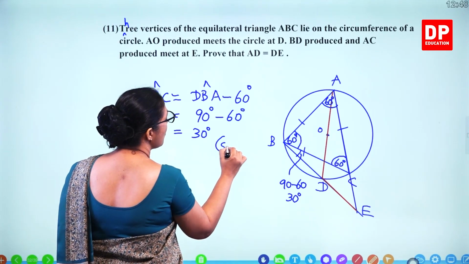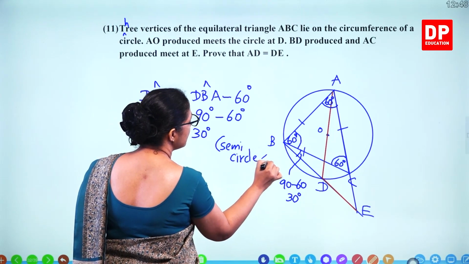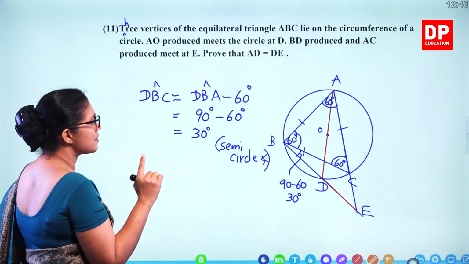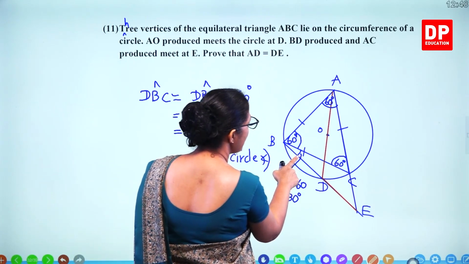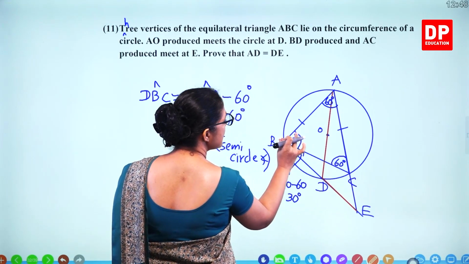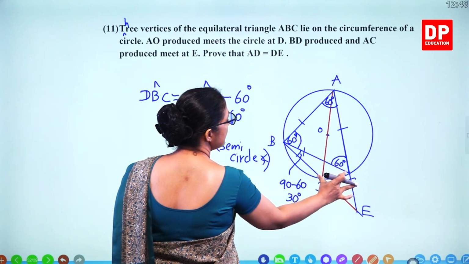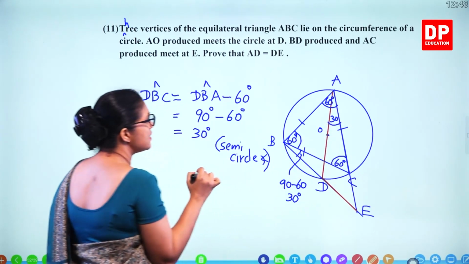So we can write because of semicircle angle. That's the first thing we can do. That's 30 degrees. This is 30. Then we can take the same segment angles are equal. This angle and this angle both are equal. So this is also 30 degrees.